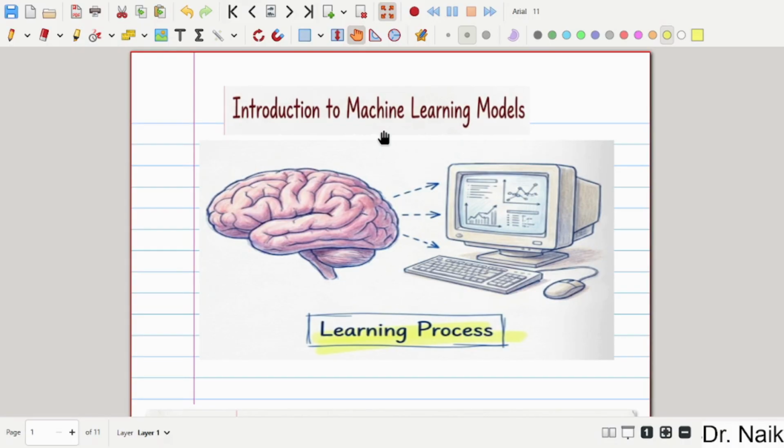In today's lecture, we are going to learn one of the most important concepts in machine learning, that is error analysis. So let's begin with a simple question. Suppose I show you the details of a house.